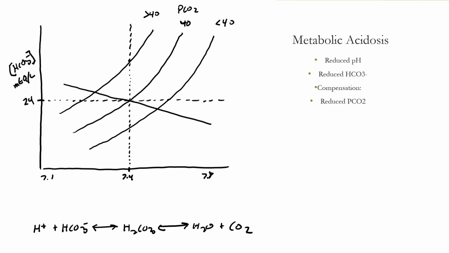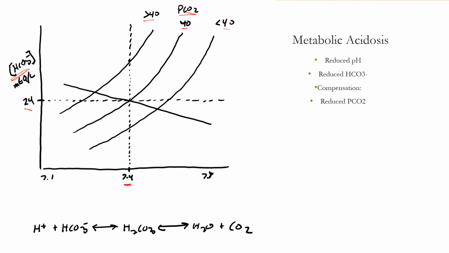For example, we have bicarb here on the y-axis, in milliequivalents per liter. Again, we talked about that being normal at 24 milliequivalents per liter. Our normal pH is 7.4, which you see there on the x-axis. You see these curves here, three parallel curves. These represent our PCO2 in millimeters of mercury. So 40 would be our normal. Less than 40 would be like hyperventilating.